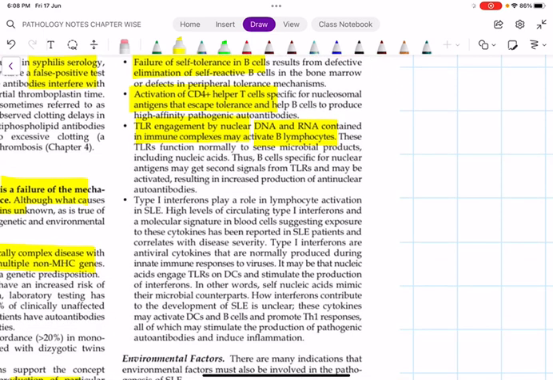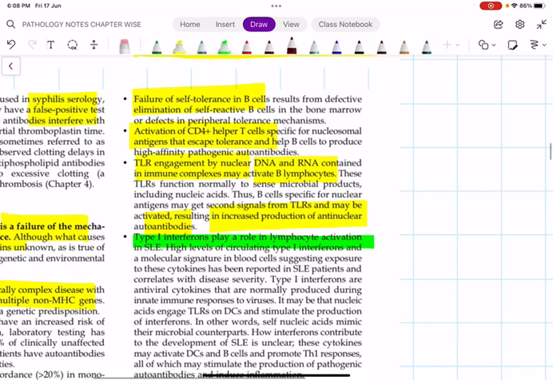Whenever there is TLR engagement by the nuclear DNA and RNA contained within the immune complexes, it will activate the B lymphocyte, which causes increased production of anti-nuclear autoantibodies. And finally, most importantly, type 1 interferons. So just write the points. How many points have I told you? Number 1, 2, 3, 4.